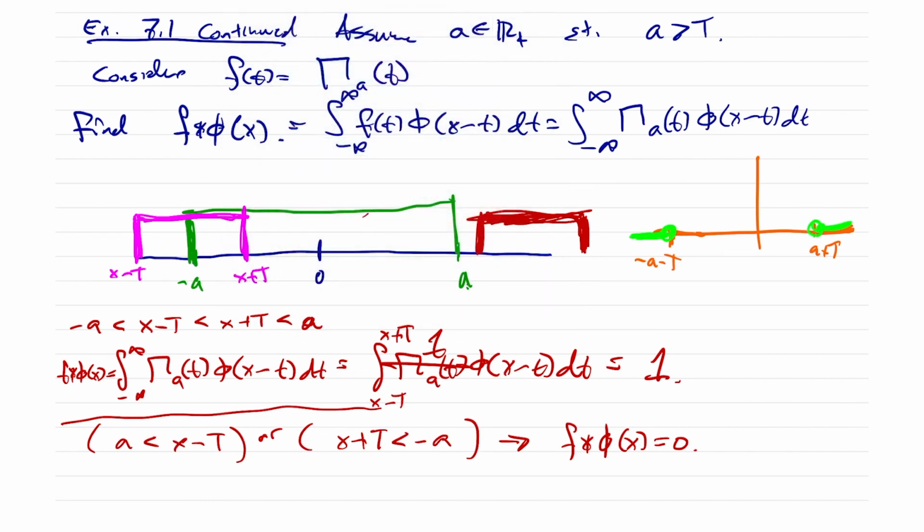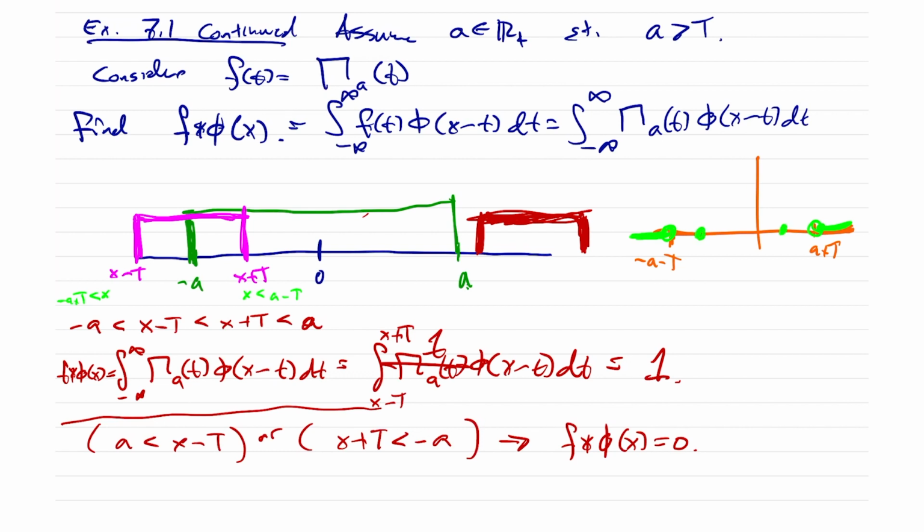And let's see, we can figure out what we are on the inside. We know we're 1, at least at x equals 0. But basically, if we are at the intersection of these guys being satisfied, so if x is bigger than, say, negative a plus t, and x is less than a minus t, we're just 1, right?